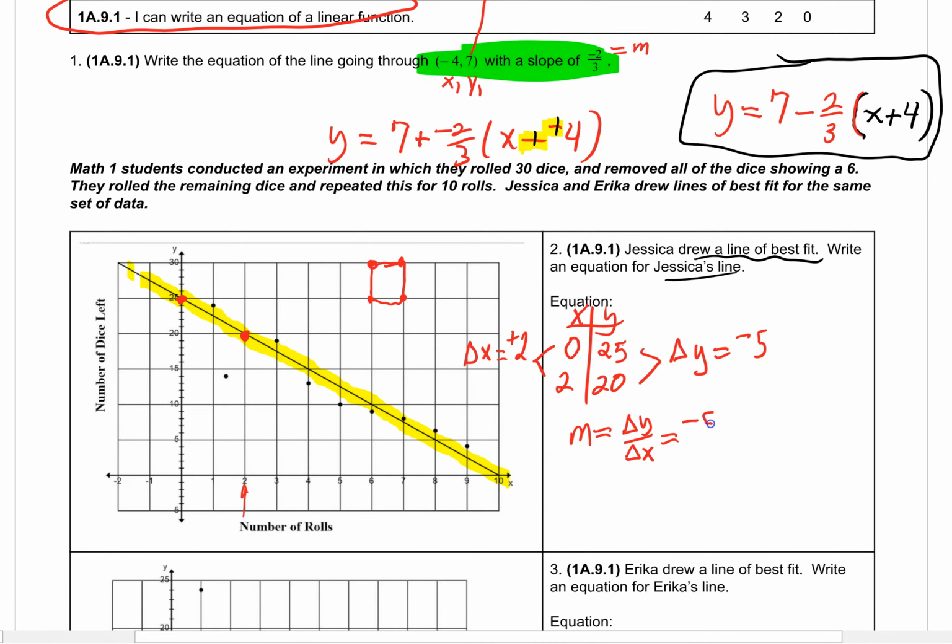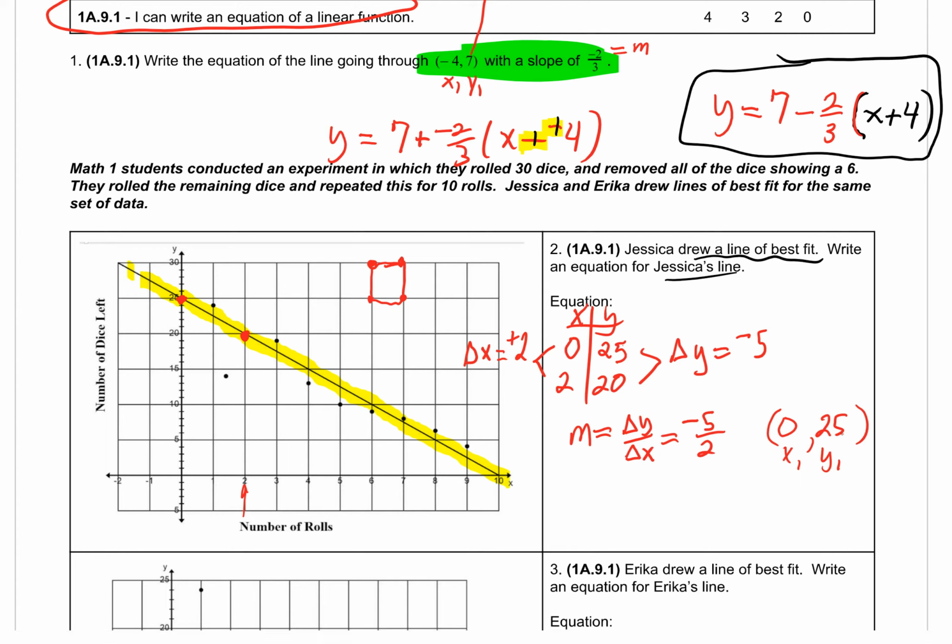And this will be negative 5 all over 2. If you can reduce, you should. This fraction is actually fine. Well, now you have a choice on how you want to write an x1, y1. You picked 2 points. You could choose the 0, 25 if you'd like. You could have chosen the 2, 20.